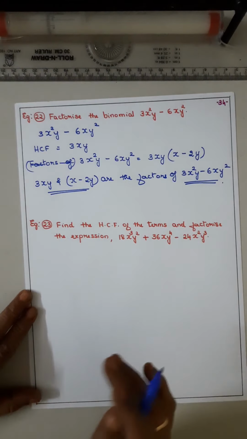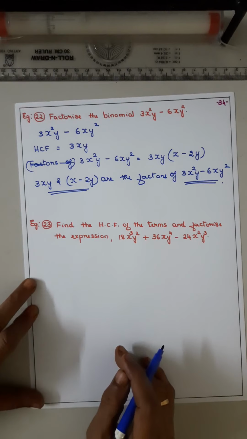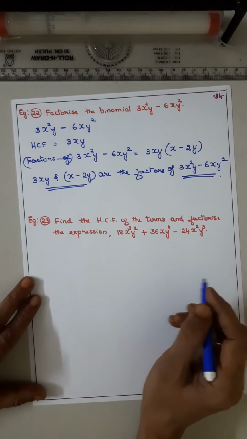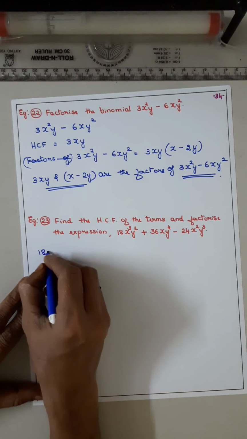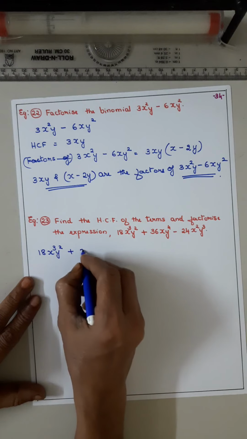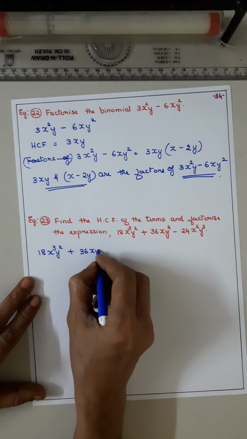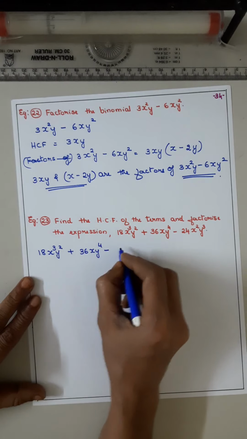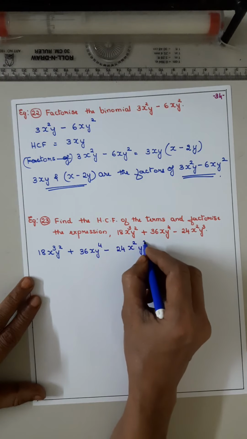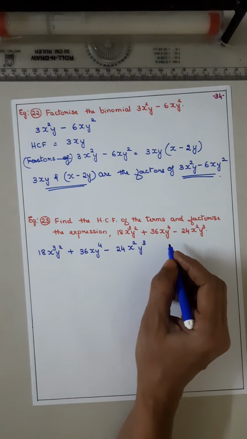Clear? Now coming to example 23. Find the HCF of the terms and factorize. Let us write the question: 18x cube y square plus 36xy to the power 4 minus 24x squared y cube. Check the question again.